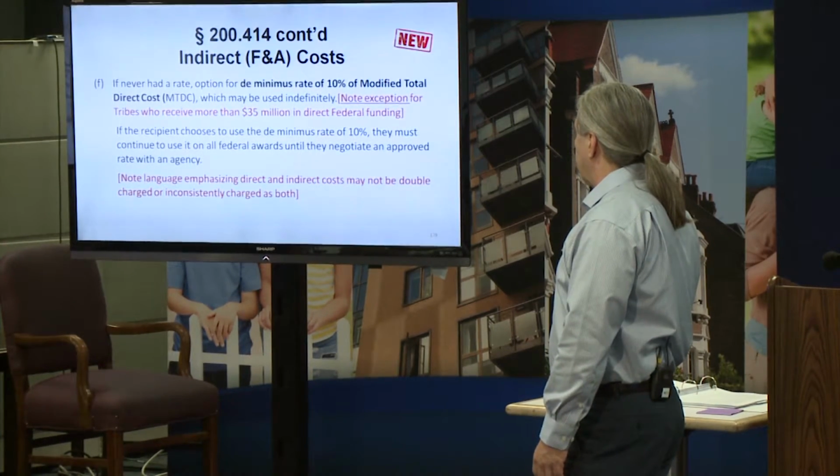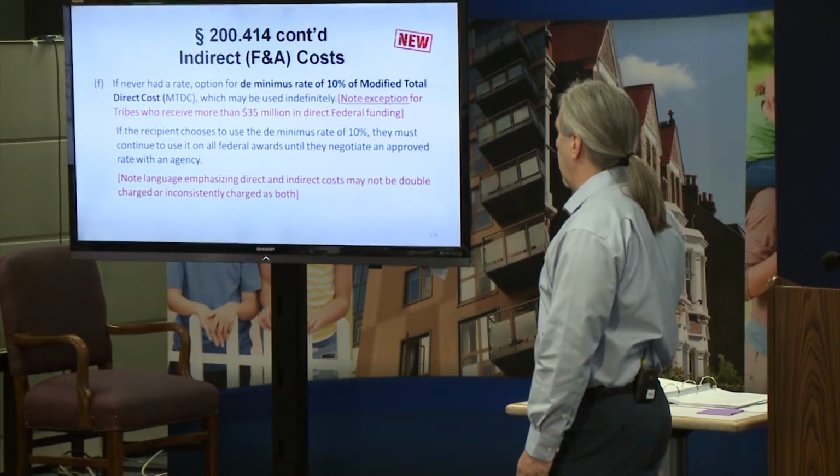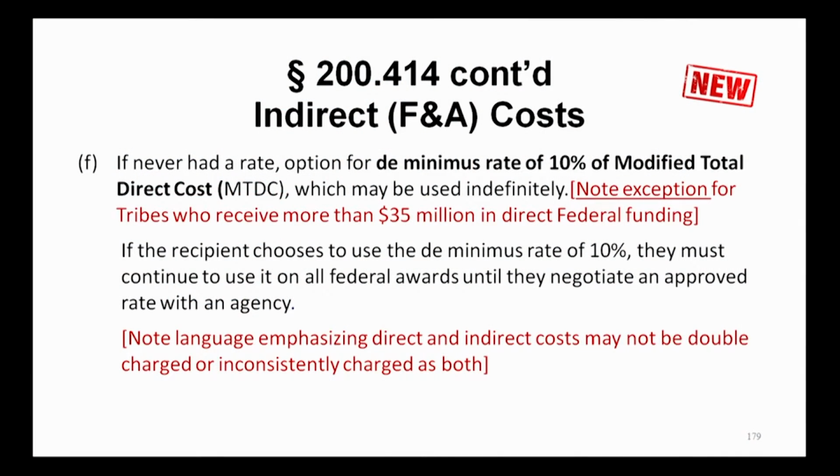Okay, and then 414, paragraph F. This is the new thing that we talked about earlier in the section on the types of awards and the requirements of subrecipients: the introduction of the 10% de minimis rate of modified total direct cost.